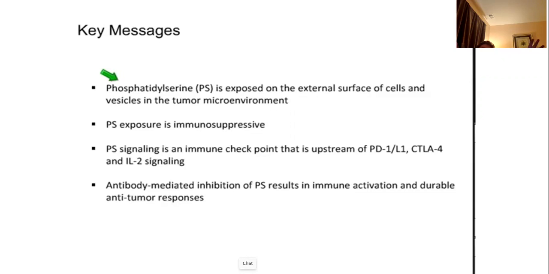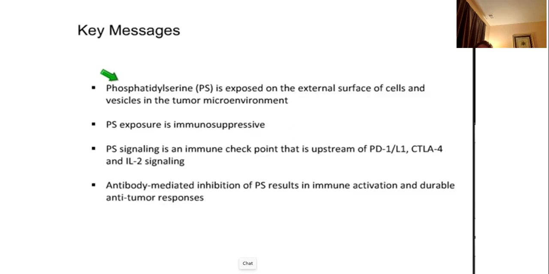And the tumor is taking advantage of that. The tumor cells also do the same thing. They flip their phosphatidylserine to the outside, and then the macrophage will eat them. But those macrophages polarize into M2, MREG. And that is a problem, because then you are suppressing the whole immune system. That's one of the mechanisms of tumor evasion of the immune system.